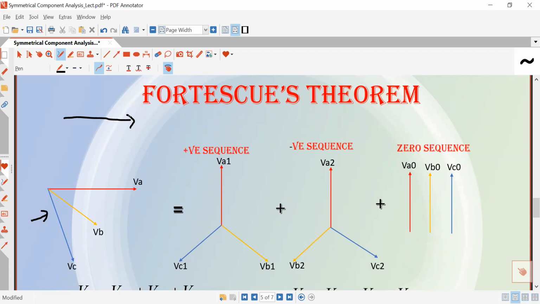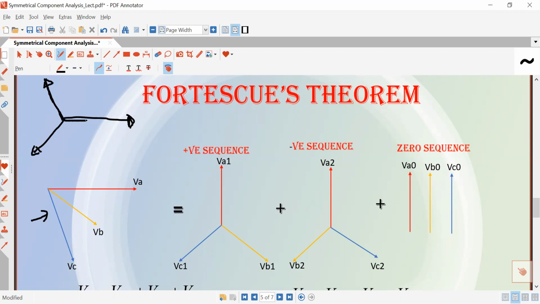In the vector diagram, you will get three phasors, separated from each other by an angle of 120 degrees, and the length of the vectors will also be the same, because length represents the magnitude of the vector. That type of system is called a balanced three-phase system.